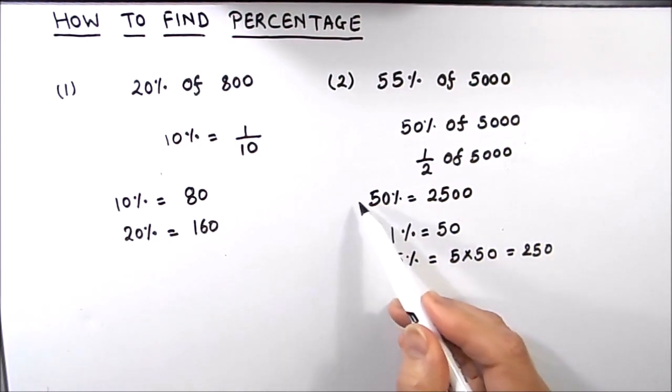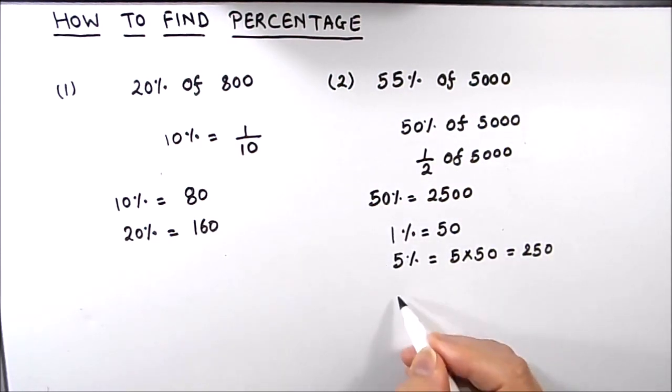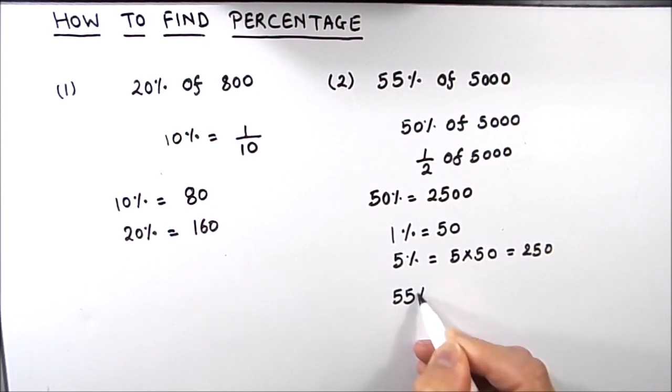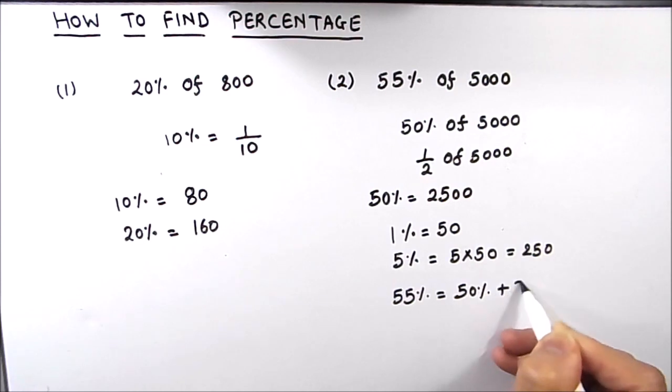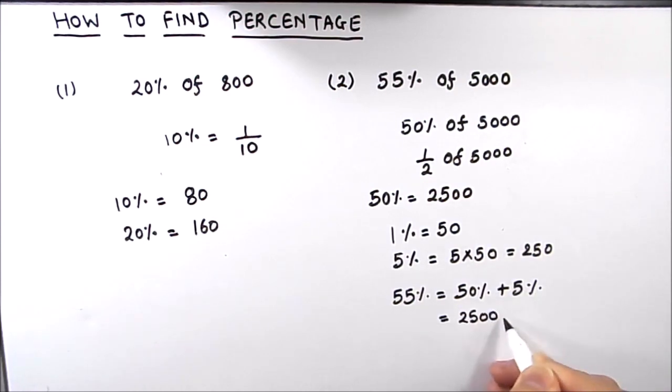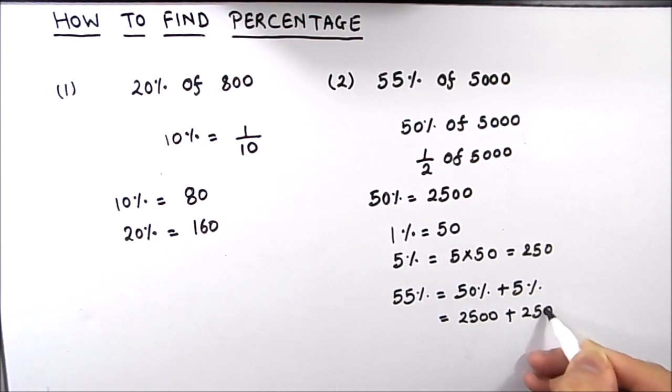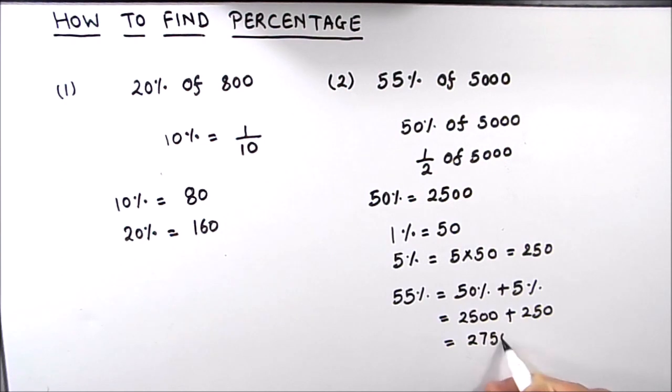So now we have 50% and 5%. For finding 55%, we can add 50% and 5%, which is 2500 plus 250, and it is equal to 2750. So 55% of 5000 is 2750.